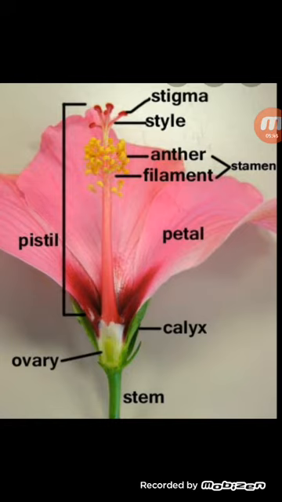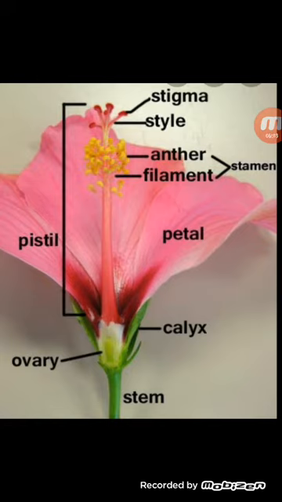It is made up of stigma, style and ovary. The male reproductive part of the flower is called androecium. It is made up of stamens and consists of anther and filament.